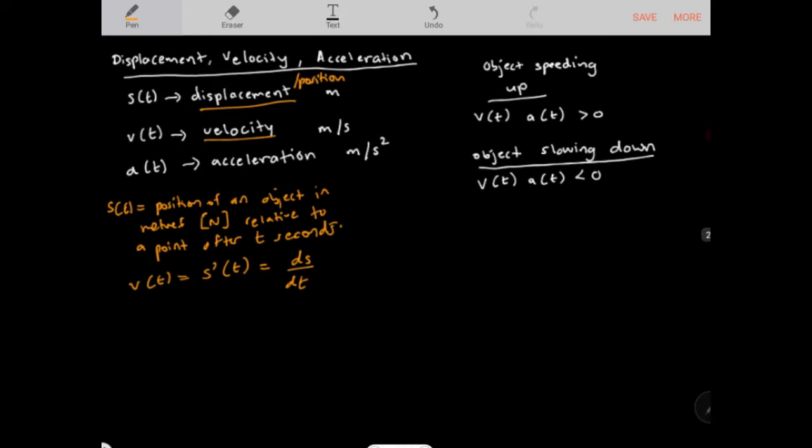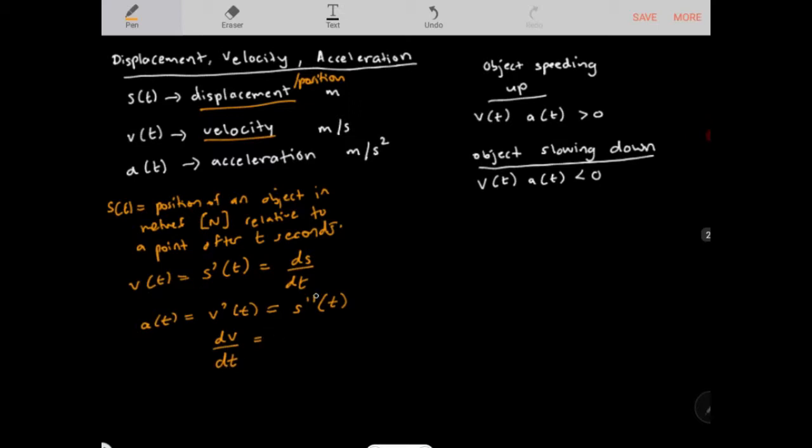Then we can also describe acceleration, which is the rate of change of an object's velocity. The acceleration, a of t, is v prime of t, the derivative of the velocity function, and it can also be written as the second derivative of the position function. Using Leibniz's notation, we can write this as dv over dt, the rate of change of velocity with respect to time.